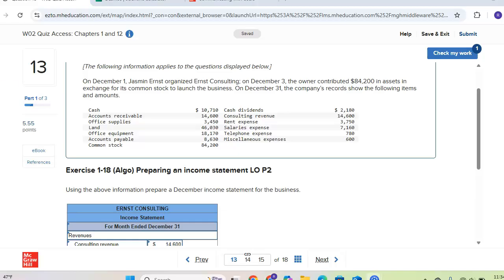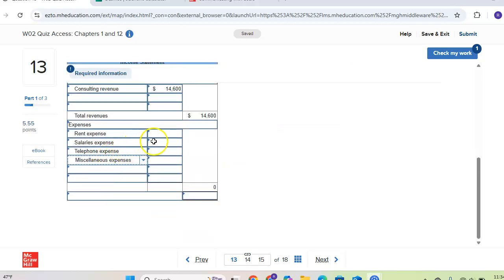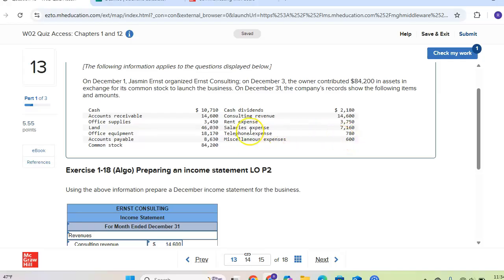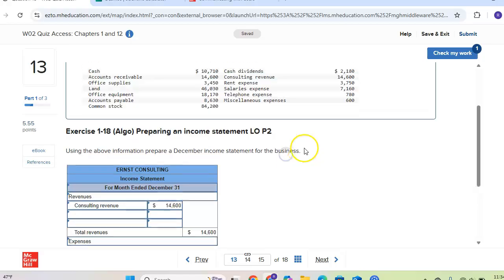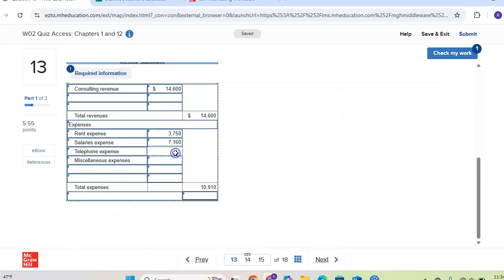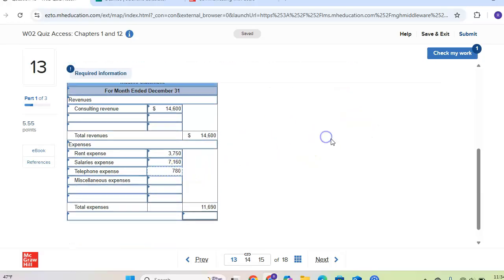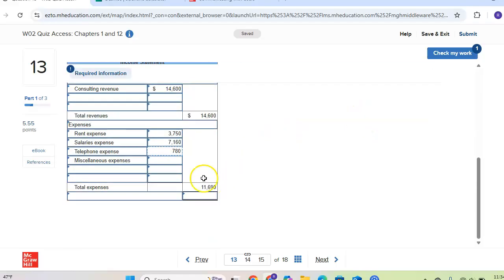Then we match each expense to the proper dollar amount and put that into the chart. So rent expense is $30,750, I believe. Yes, and then salaries is $7,160. Telephone expense is $780. Miscellaneous is $600.